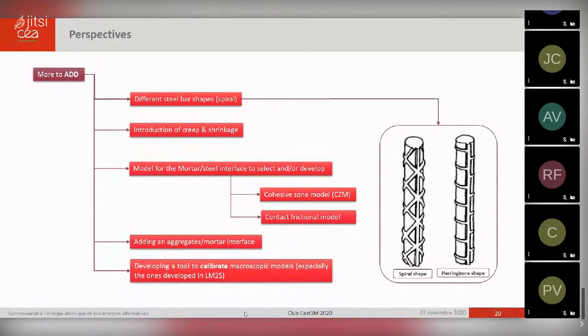Without these effects, the aggregate-mortar interface will then be assigned a certain behavior to check the effect of creep, shrinkage, and thermal effects, because, as I mentioned, when leakage phenomena and cracking are studied, humidity and thermal effects are also important in the bulk sample.